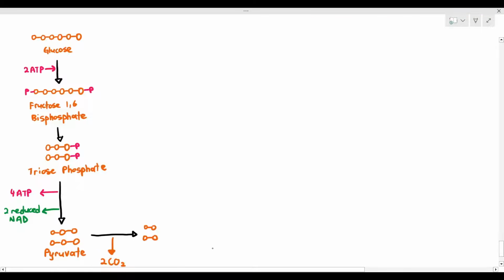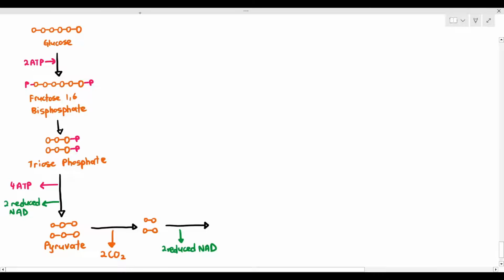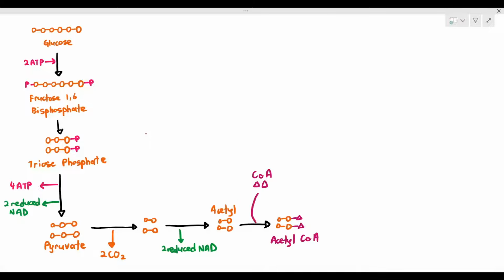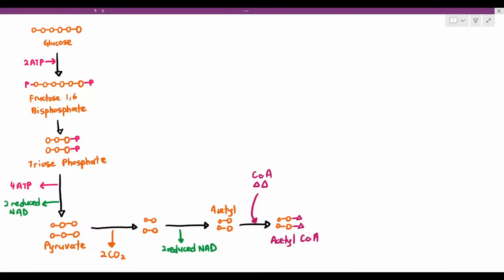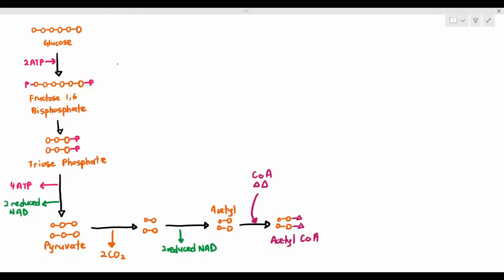The 2-carbon molecule undergoes oxidation or dehydrogenation, where the hydrogen is accepted by NAD, becomes 2 reduced NADs, and then it forms acetyl group. The acetyl group will be added with coenzyme A because the coenzyme A helps to transport the acetyl group into the Krebs cycle. And the end product of link reaction is the acetyl coenzyme A, or acetyl-CoA.